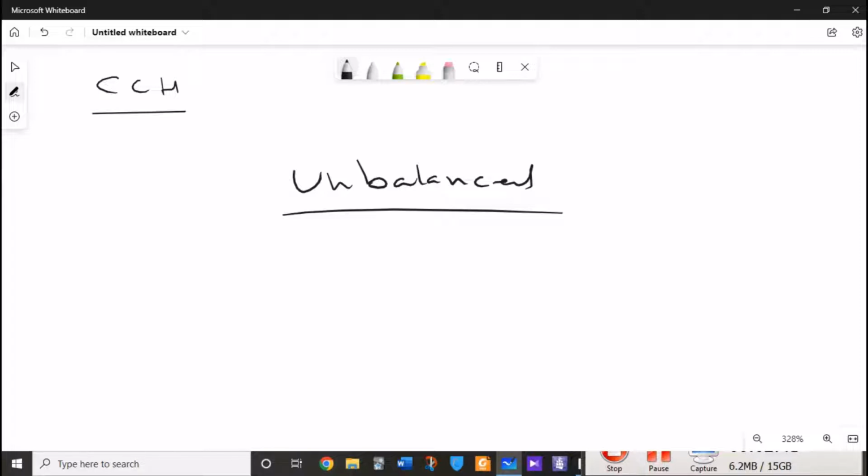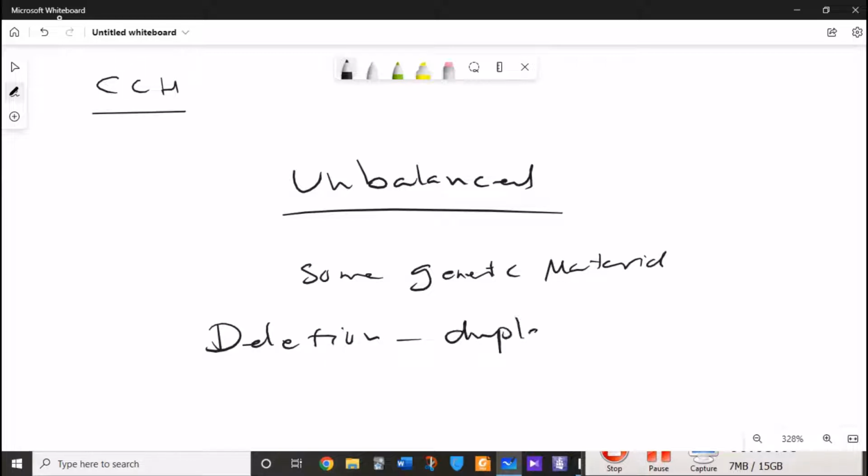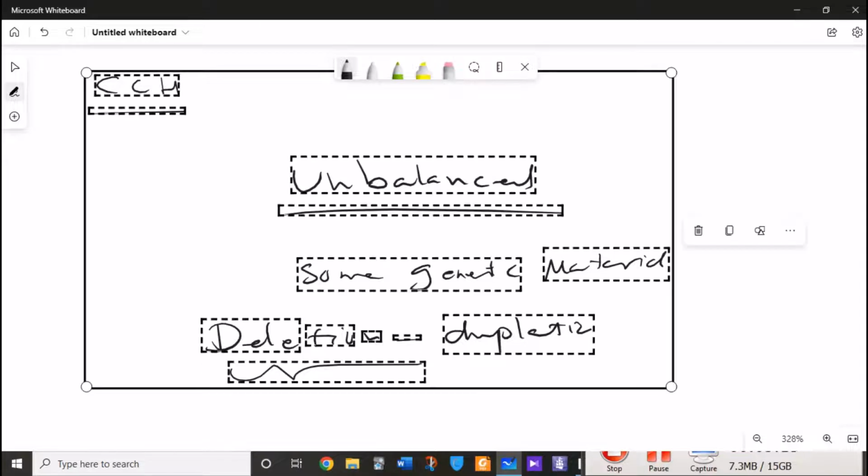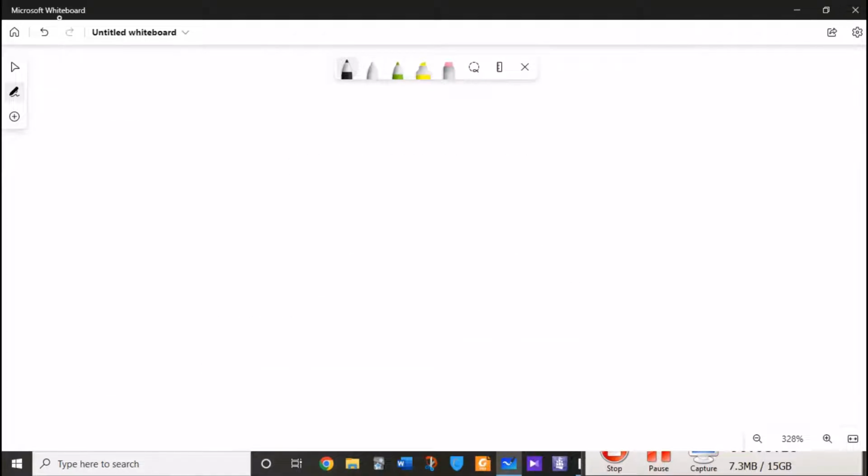Unbalanced alterations are the alterations in which the chromosome gains or loses some genetic material. For example, deletion and duplication are kinds of unbalanced rearrangement.